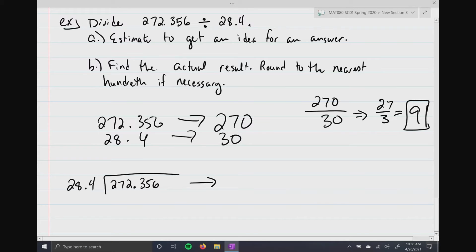So 28.4 goes into 272.356. I need to move the decimal to the right 1 spot. So I'll do it to my dividend 1 spot. And when I rewrite it, I just make sure that my decimal is in between the 3 and the 5.